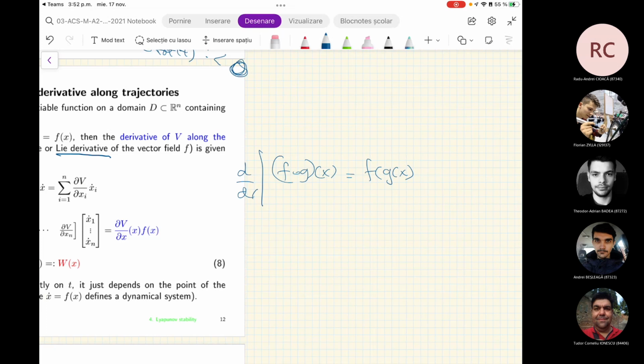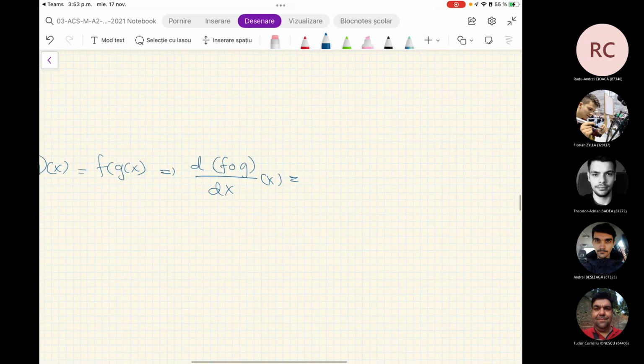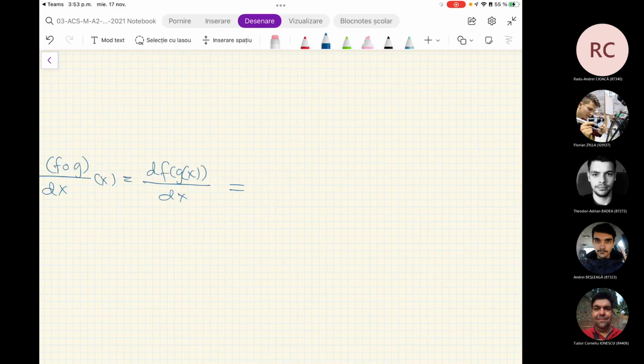If you have f(g(x)) and take d/dx, then the derivative of the composition f∘g with respect to x evaluated at point x is df/dg evaluated at g(x), multiplied by dg/dx evaluated at x.